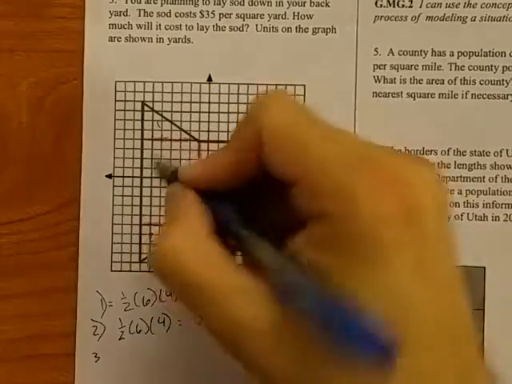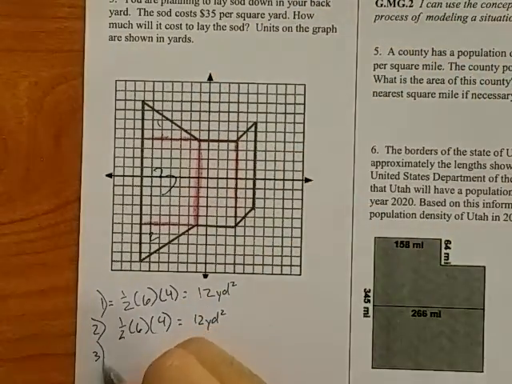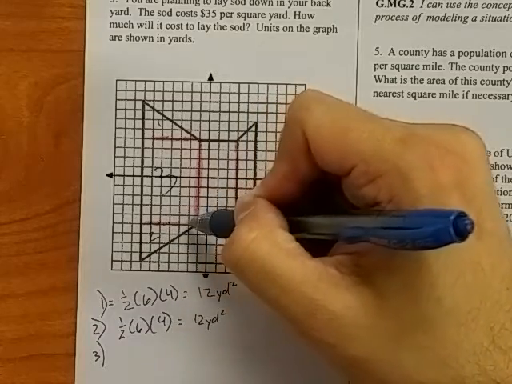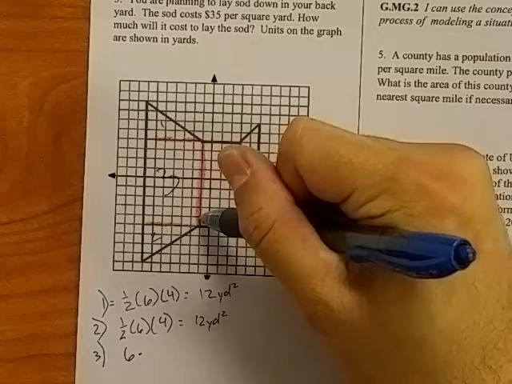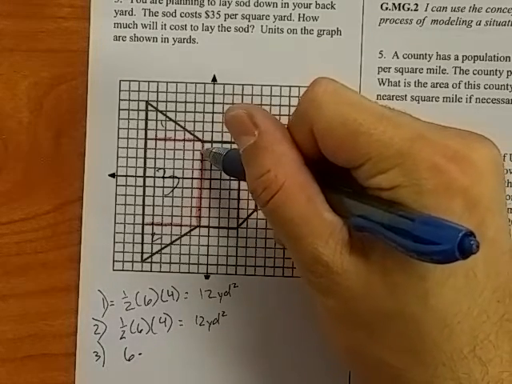Now number 3 right here, that's going to be a rectangle. So that's going to be, let me see, 1, 2, 3, 4, 5, 6 times the height, which is 1, 2, 3, 4, 5, 6, 7, 8, 9.